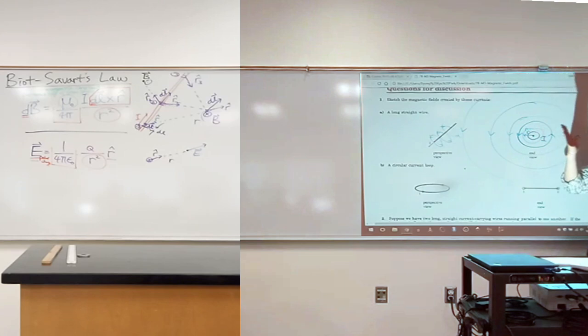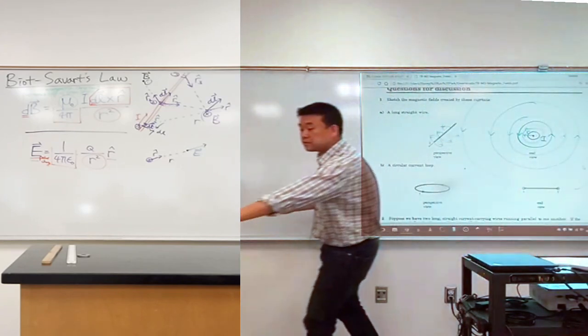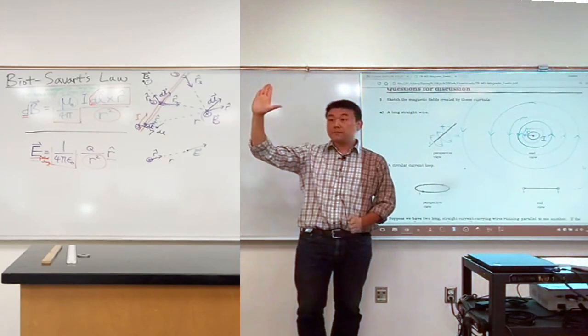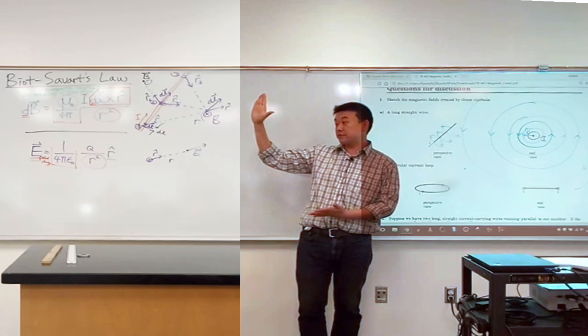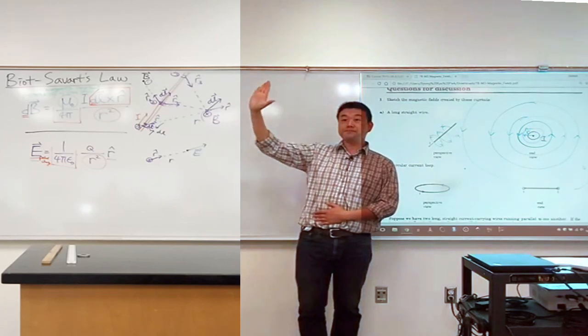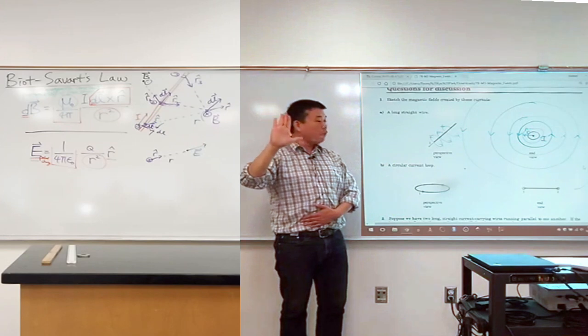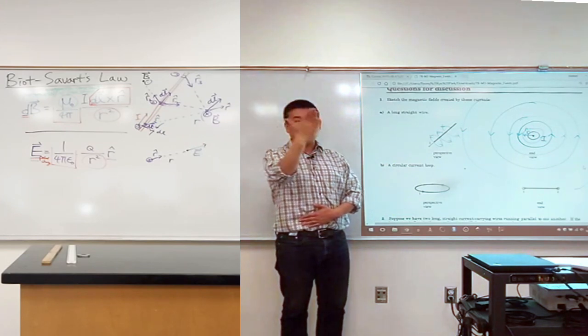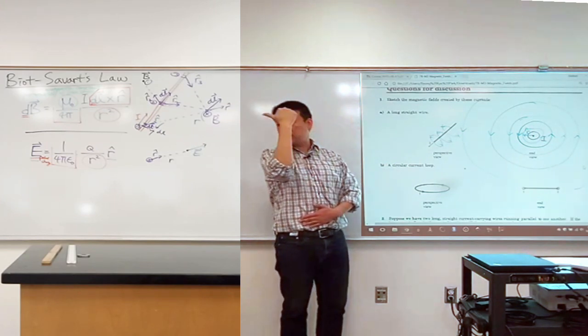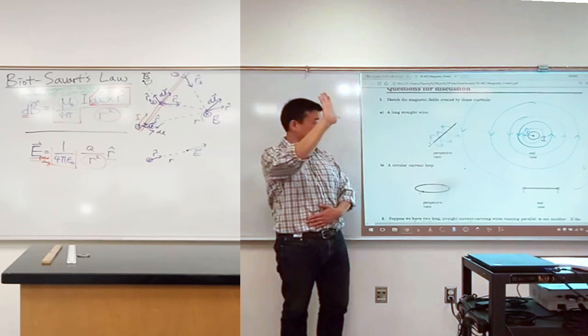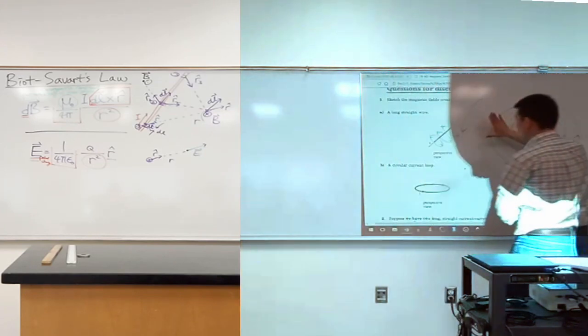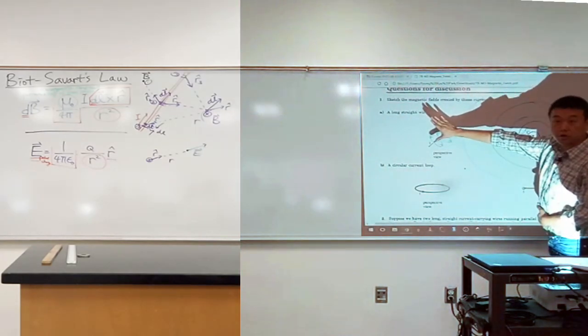As I said last time, this is why I prefer the whole hand version, because it morphs naturally into this. I use my right hand for the same reason as we talked about last time. The way I orient my right hand is so that my thumb points in the direction of the current.